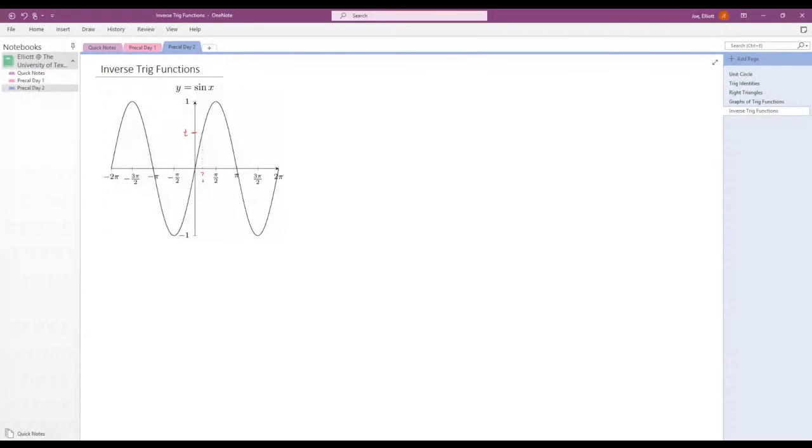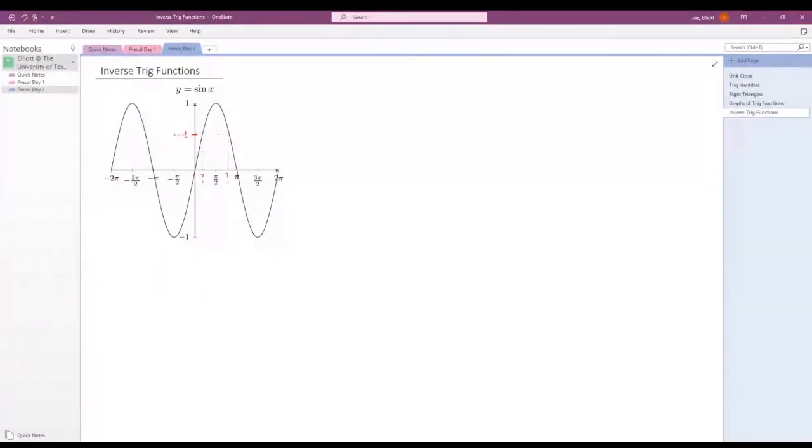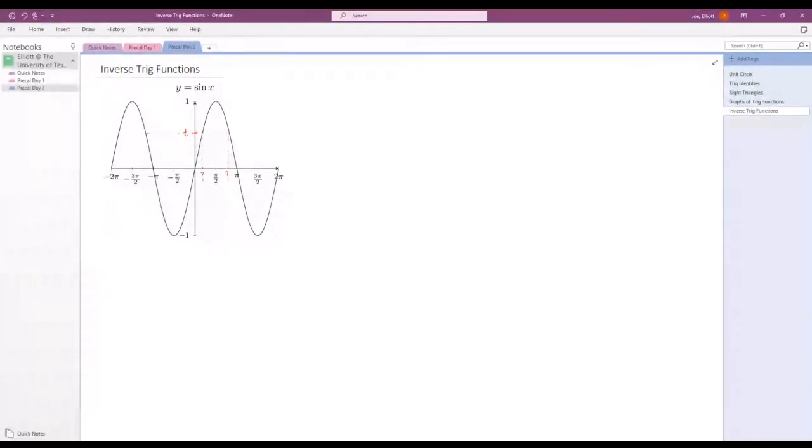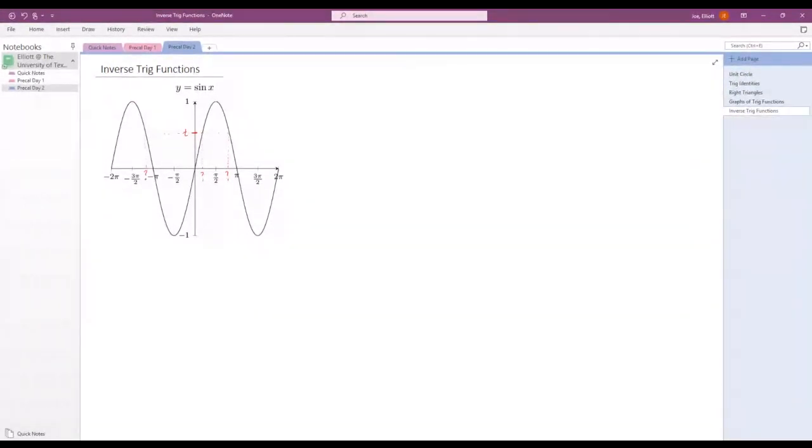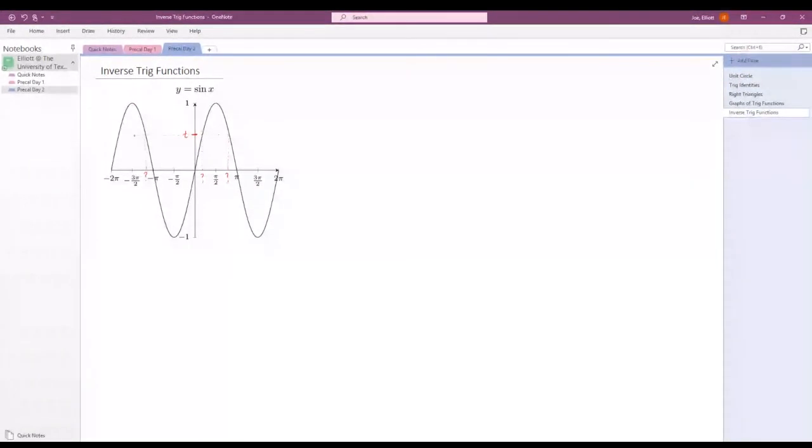But sine is a little bit complicated because if you look at a single value in the range, there are multiple x values that will map to it. So here you can see in this picture that each of these values on the x-axis are going to map to the same value t.